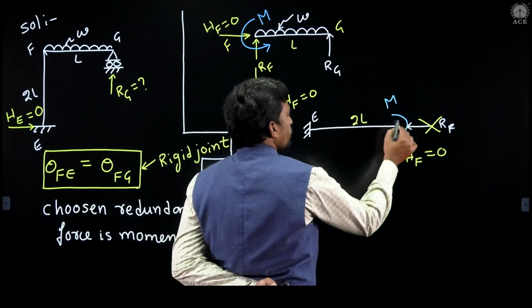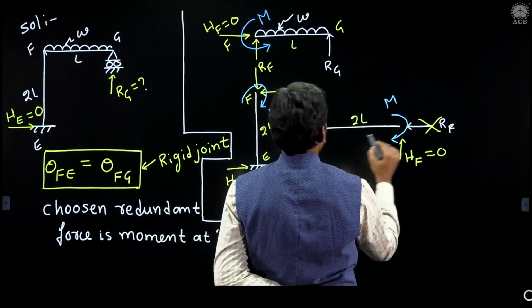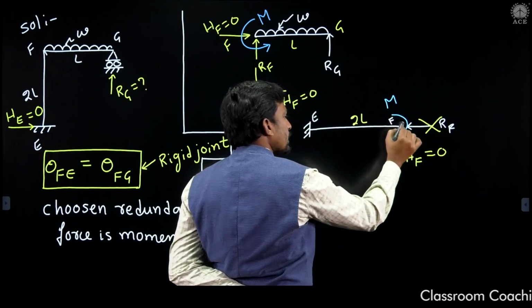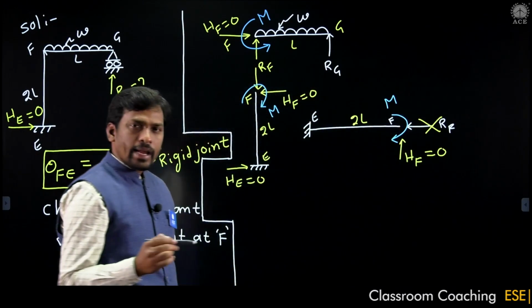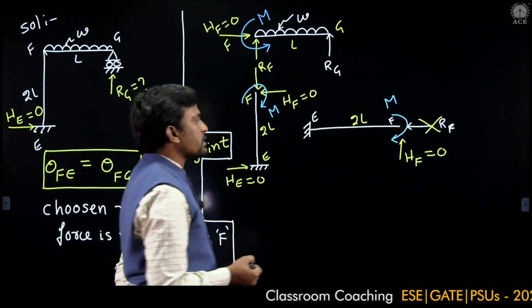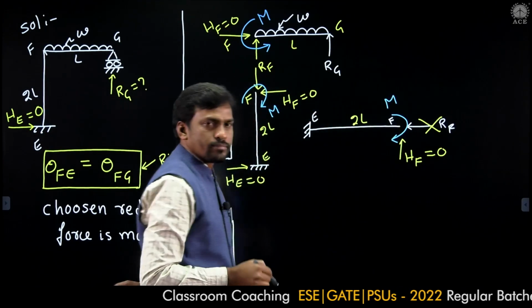Then due to moment, this is a clockwise moment. If it is a clockwise moment, then rotation at F is also clockwise. Then to get the clockwise rotation at F, shall I draw the deflected profile above or below?